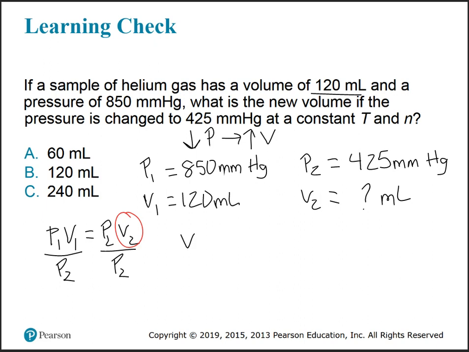When you do that, you get that V2 is equal to P1 over P2 times V1. What I want you to do is try plugging in the numbers from the initial conditions and everything else and see what you get for the new volume. So I'll give you a minute to try that.